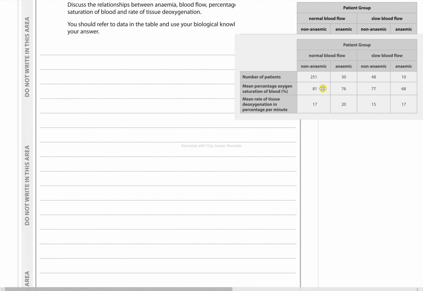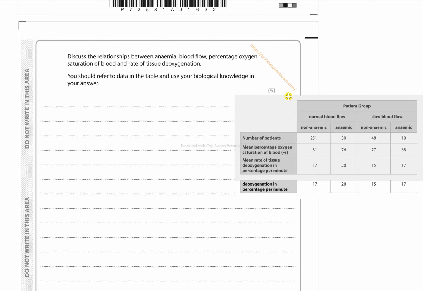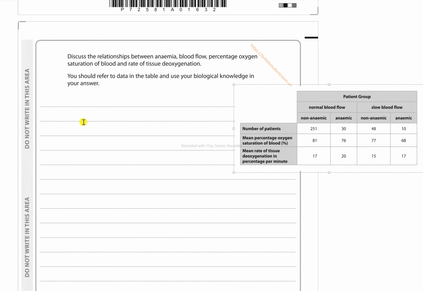So we're being asked to discuss the relationship between anemia, blood flow, percentage of oxygen blood saturation, and rate of oxygen tissue deoxygenation. You should refer to the data, and it's 5 marks.